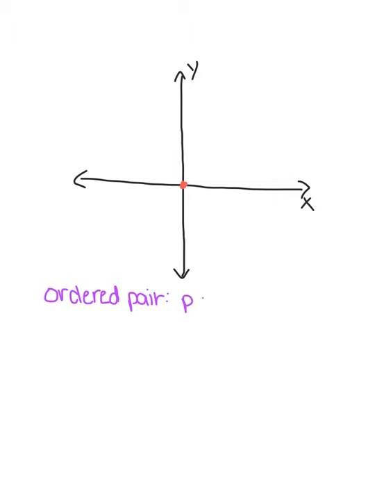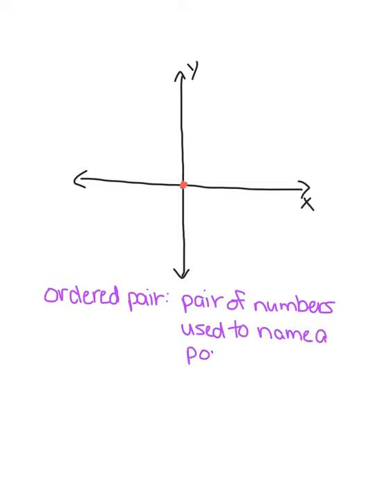So it is a pair of numbers used to name a point on the grid.